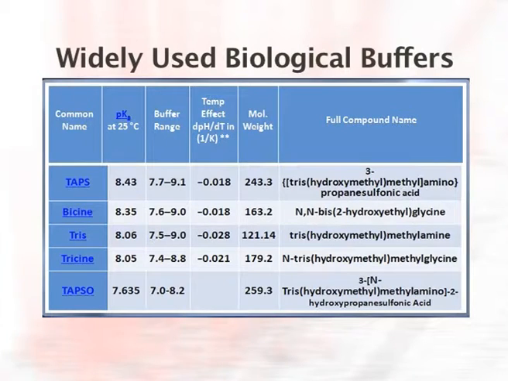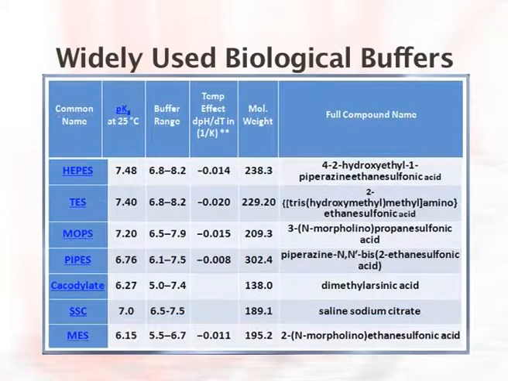This table shows a list of buffers that are widely used in laboratories all over the world for biological and biomedical research. It is important to see that their buffer range lies between pH 5 to pH 9, well covering the biological pH which is close to 7.